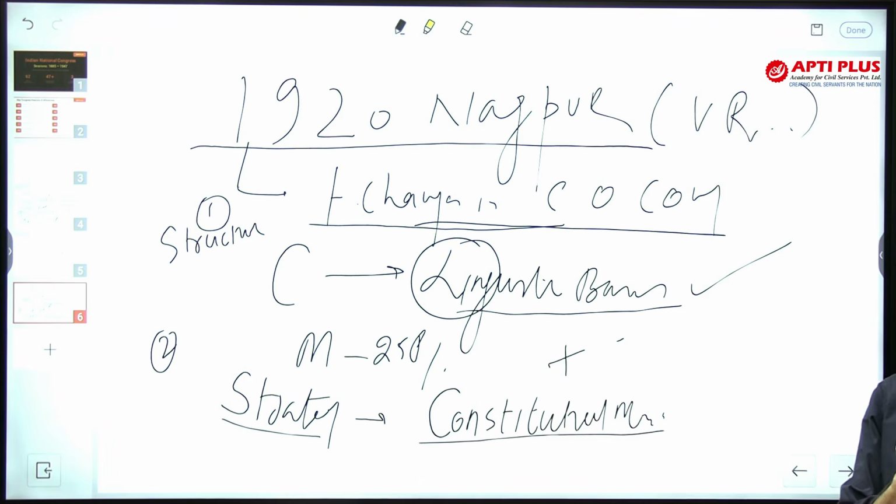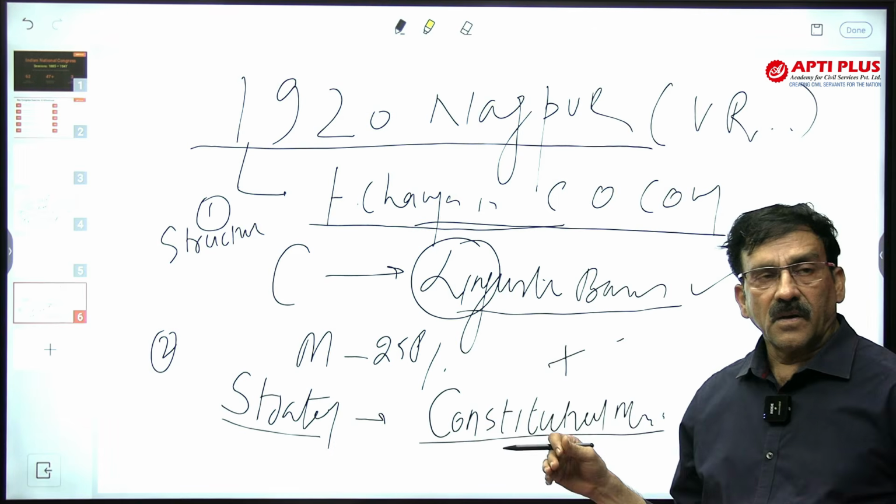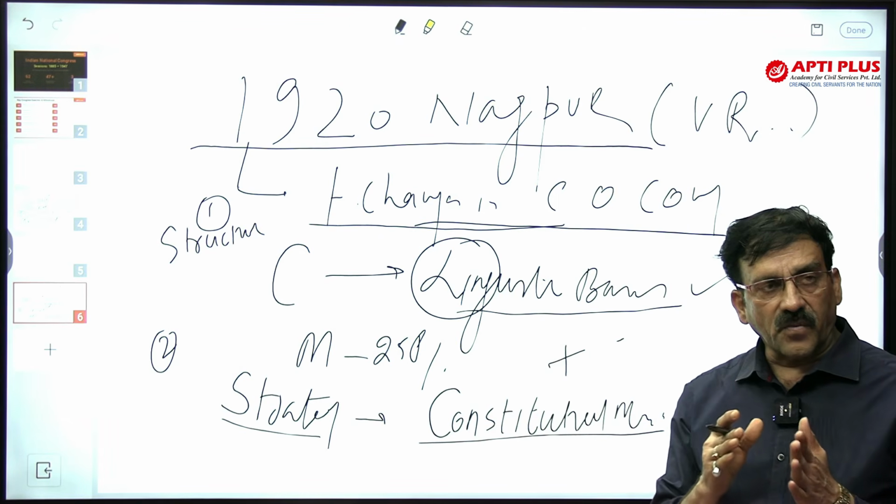So what is the line now? Congress will try to achieve Swaraj. Goal is the same. Like in 1906, I think you're getting my point. In 1906, Congress evolved a goal of Swaraj. By what means? Constitutional means. And here Gandhi is going to change, or we can say widen, the strategy.